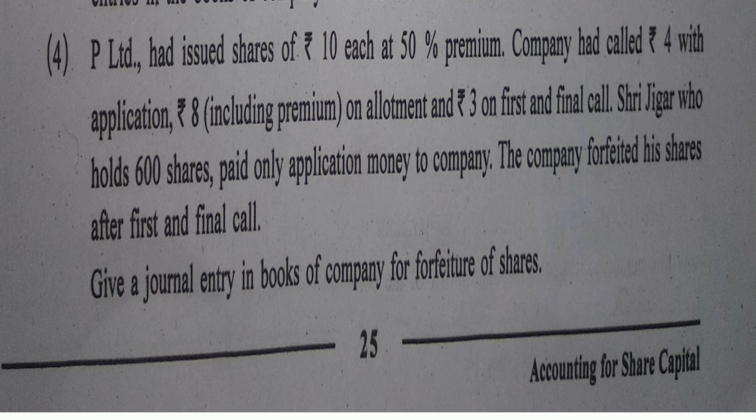And the fourth sum presented on your screen, page number 25 in your textbook, the very first chapter from part 2, illustration 9, is based on the second journal entry of forfeiture of shares. So I will explain this question, I will explain its answer, the journal entry for forfeiture, and on the basis of that you will be able to understand the second journal entry which is given for forfeiture of shares, previous to illustration 9.